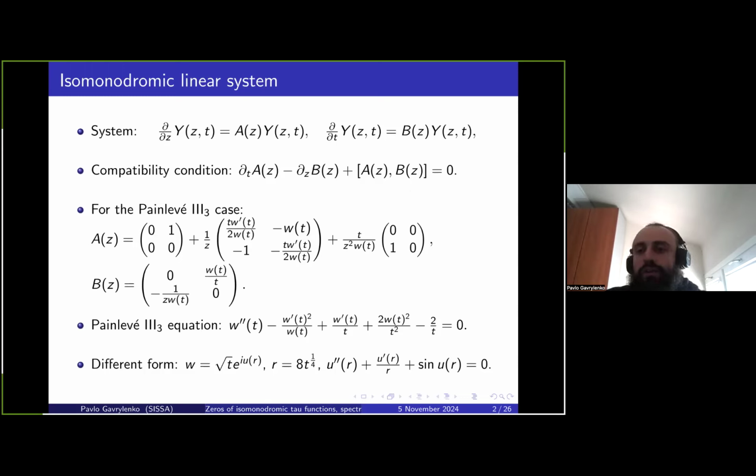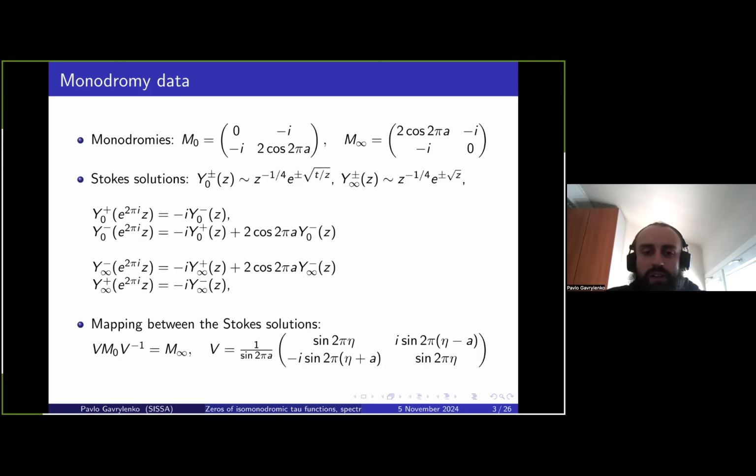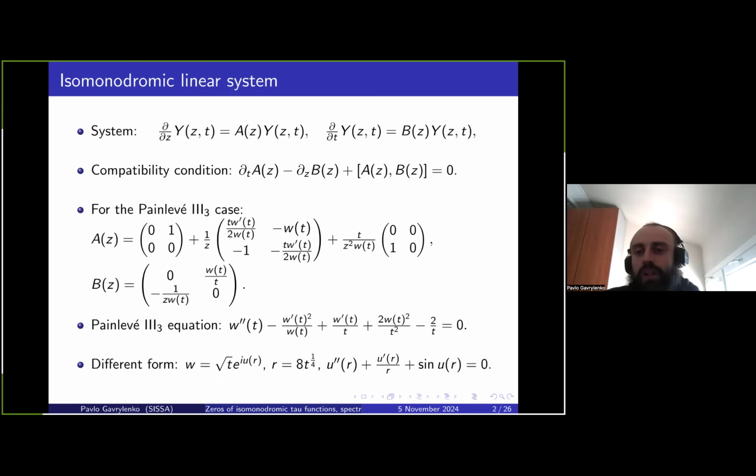And why is the system called isomonodromic? It is because the system in principle has a non-trivial monodromy around 0. It also has a non-trivial Stokes data, which I'll explain on the next slide.